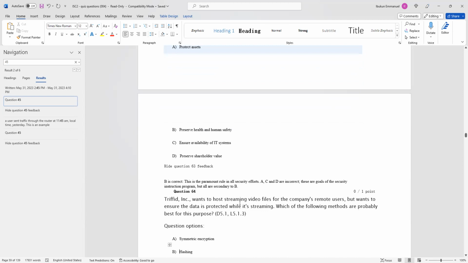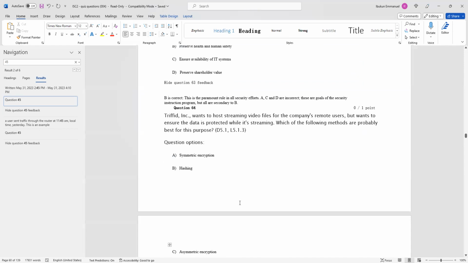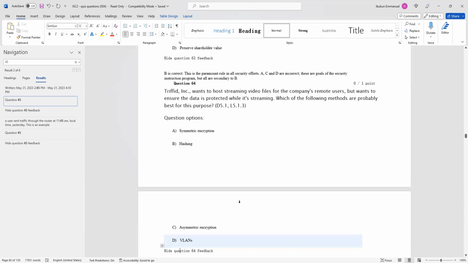Okay. Trifid Inc. wants to host streaming video files for the company's remote users, but wants to ensure the data is protected while it's streaming. Which of the following methods are probably best for this purpose? Now, what is the best method for a company to host streaming video files to send to its remote users?